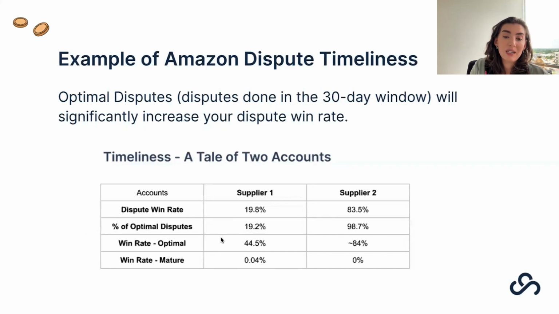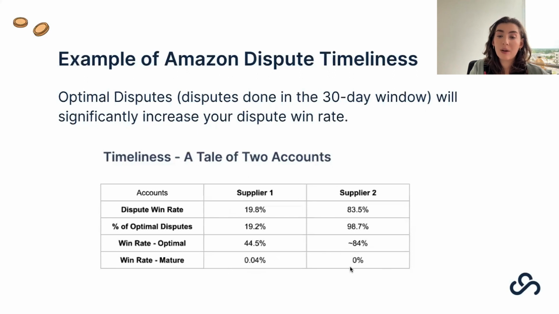It's really cool to see that the optimal win rate is probably the best strategy. By being agile and disputing in that 30-day window, you're going to have more success. Whereas you may be able to win a mature claim past 30 days, you can see with supplier one, they haven't had that much success.